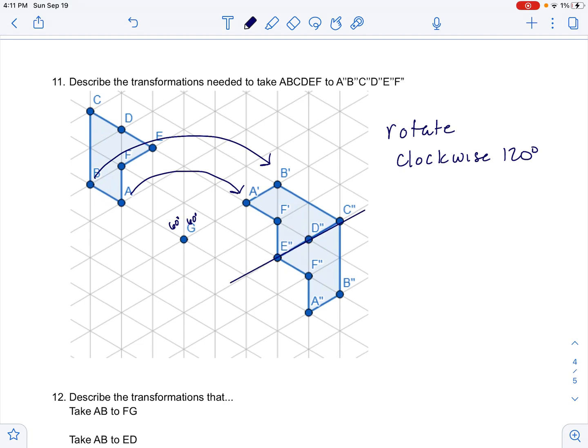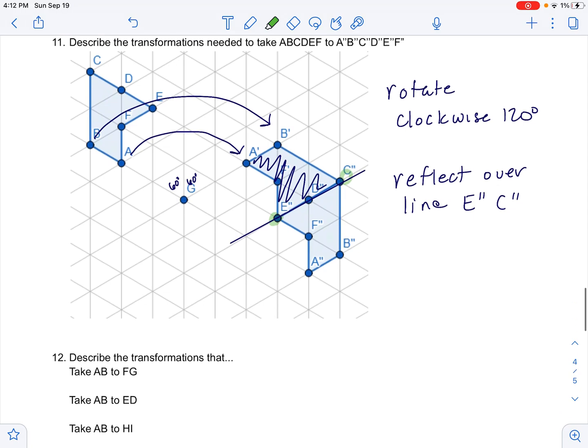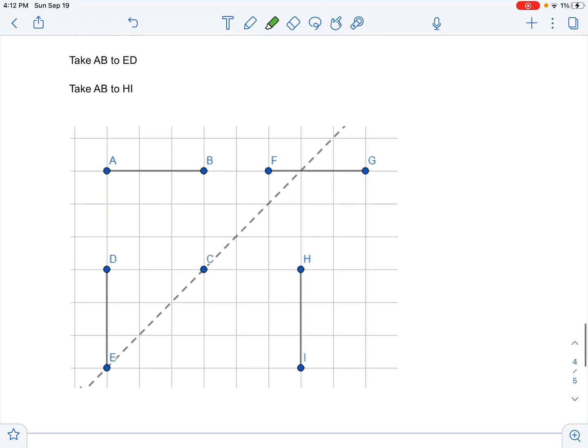Then this next thing from the shape I just made to the next shape is a reflection. So we're going to reflect over line, I'll call it E double prime, C double prime. I'm going to reflect over that line. One more, I think.